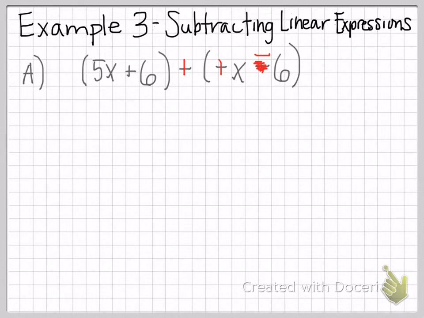Whichever one you choose to do, as long as you do it correctly, you can distribute that negative 1 all throughout, if that makes more sense, or you can just add the opposite. But you should end up with the same expression, 5x plus 6 plus x minus 6.